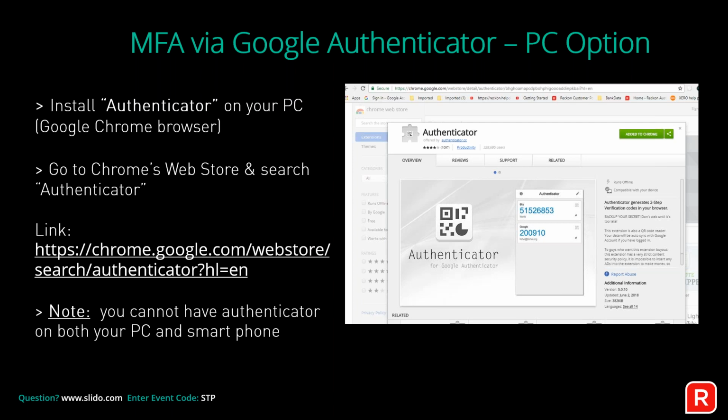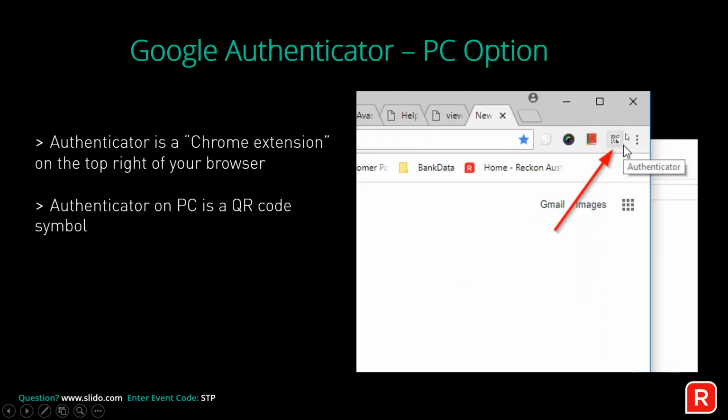If you want to do an authentication by your desktop browser, you can get the Google Authenticator for your Google browser from the Google Store. So just download that, and you'll find that it appears as a little icon in the top right of your browser. It looks a bit like that QR code.